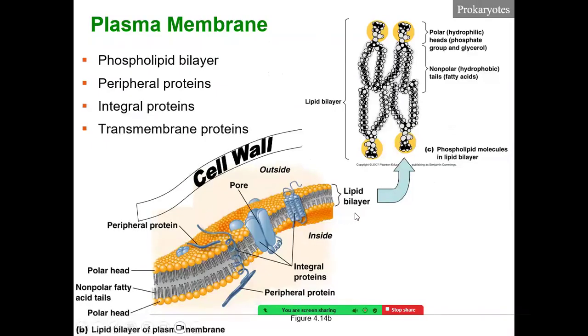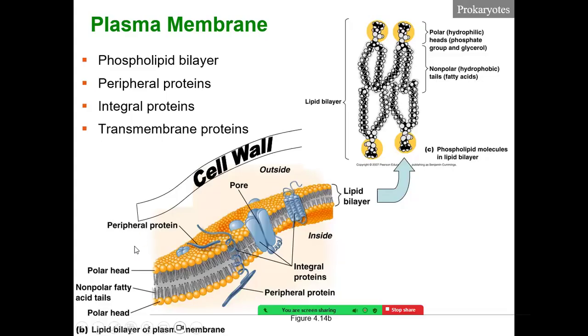So there we have the cell membrane, the plasma membrane, and you can see the phospholipids facing inside the cell where the head is facing the water or the cytoplasm, and then the head of the other lipid layer is facing outside the cell because outside the cell is mostly water. Think of this as a red blood cell. The blood is mostly water, and so the head is facing mostly water.